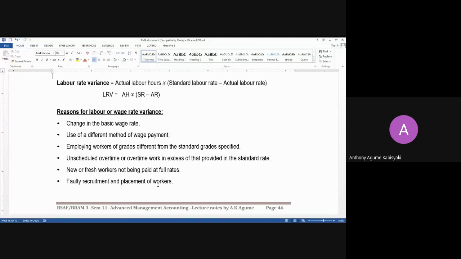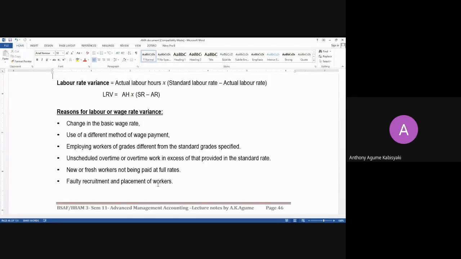Then when you employ workers of grades different from the standard grades specified. For example, your plan was to hire a diploma holder, now you've decided to hire a graduate. Of course, not all of them will be paid the same rate.